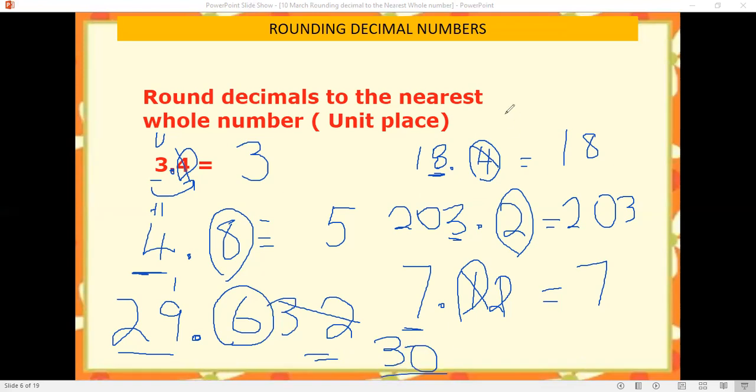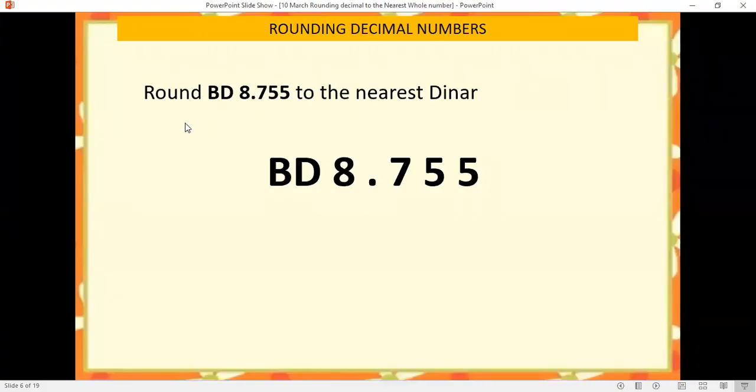Okay, now let's move to the next. How about if we are going to round to the nearest dinar? How many dinars do we have? We have 8 dinars and 755 fils.